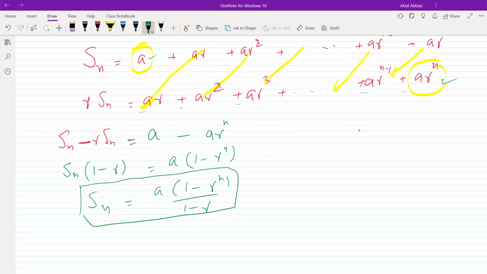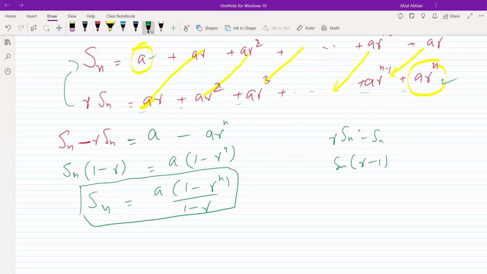This formula can be written in two ways, with 1 minus r or r minus 1. In that case, you can subtract bottom minus top, so you get rSn minus Sn. When you take Sn common, you get r minus 1. The same thing will be on the other side, so you get the other form of this formula.